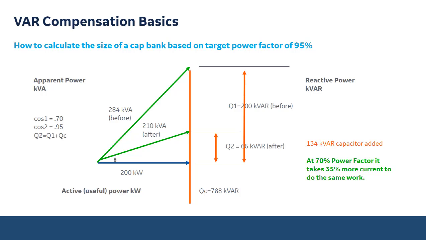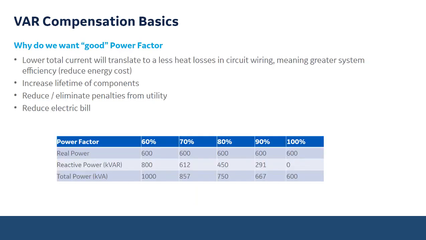So, VAR compensation basics. Why do we want a good power factor? The lower total current translates to less heat loss in circuit wiring, meaning greater system efficiency. You're reducing your energy costs. You're going to increase the lifetime of components, because those components aren't going to be working as hard as they would without a capacitor bank.